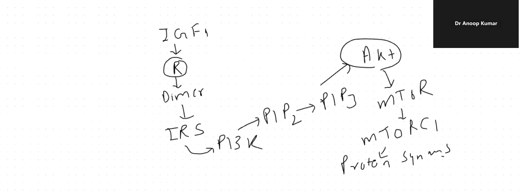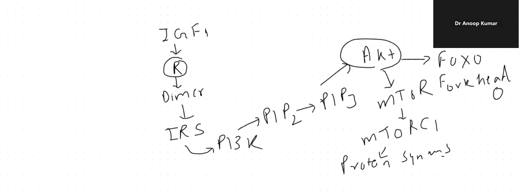Right. So next is this AKT. If you remember, I told you it's a negative regulator of FOXO. FOXO is forkhead box O. Forkhead O. Right.